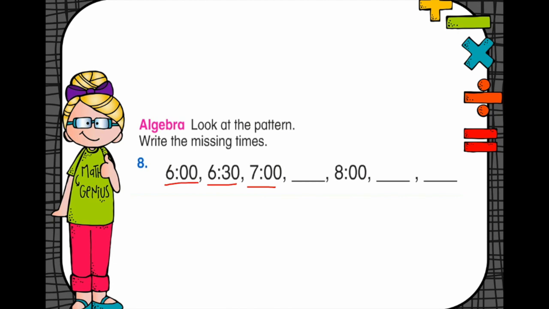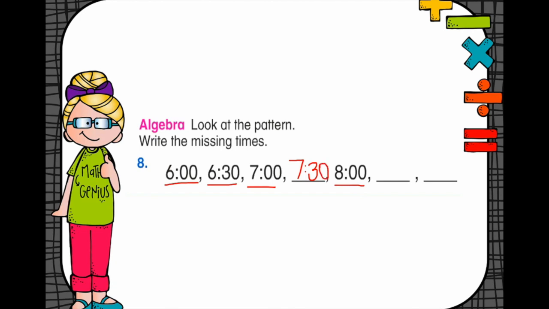Now we need to figure out what time is missing to continue our pattern. Well, the number after our blank is 8 o'clock. So I need to figure out what is halfway in between 7 and 8. Well, I just learned today that halfway in between would be 7:30, meaning a half hour has passed.